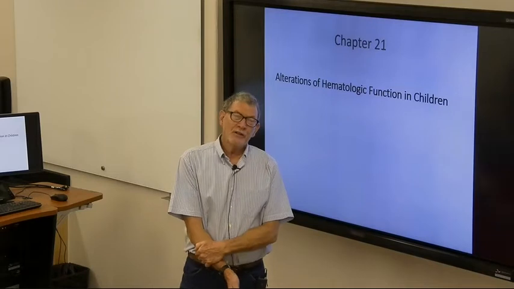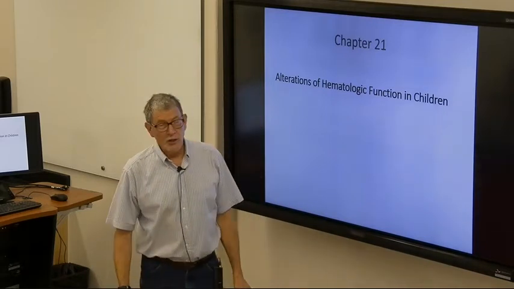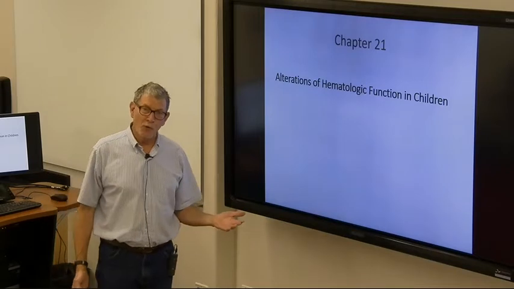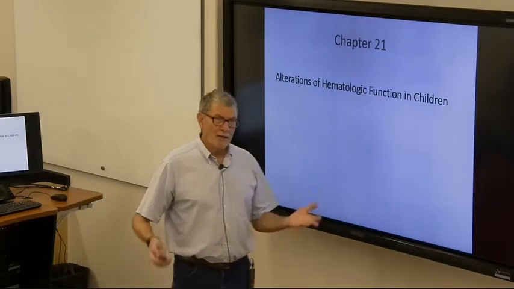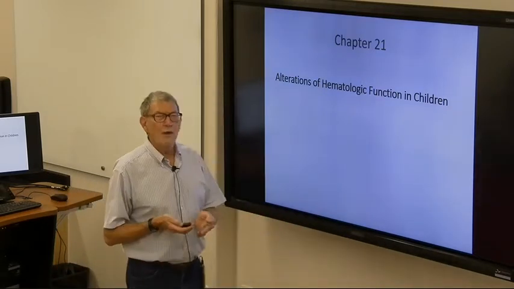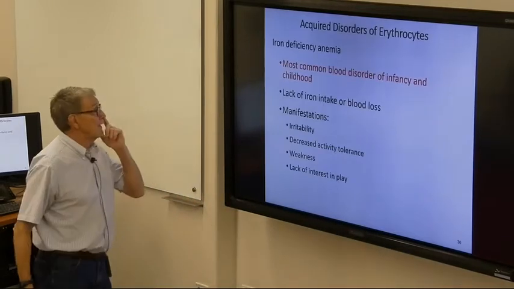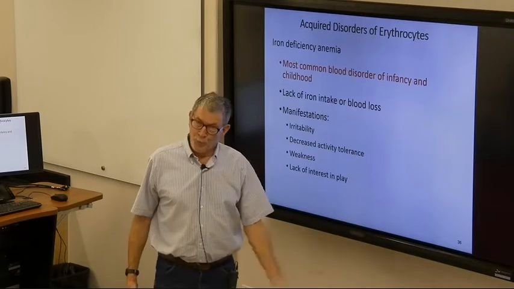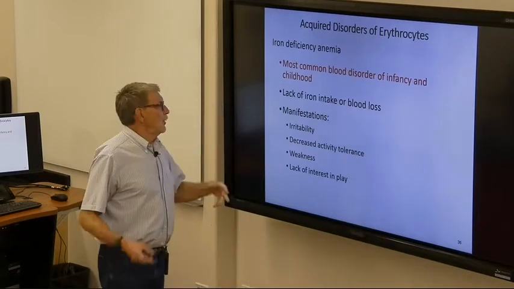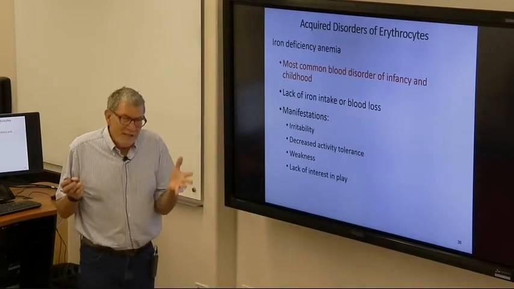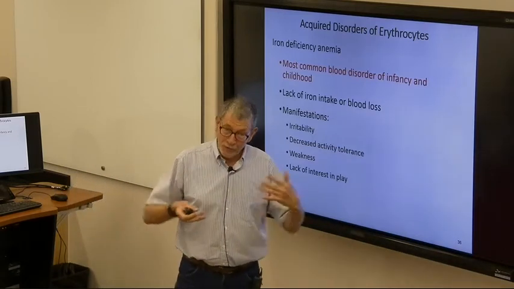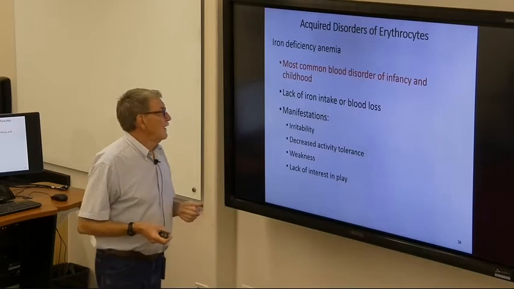So some things very common to children, and most of these things we've seen before with adults, but we want to talk about how they affect kids and the ones that are most likely to be seen in kids. Iron deficiency anemia, pretty common in kids. Inability to use iron because of immaturity.